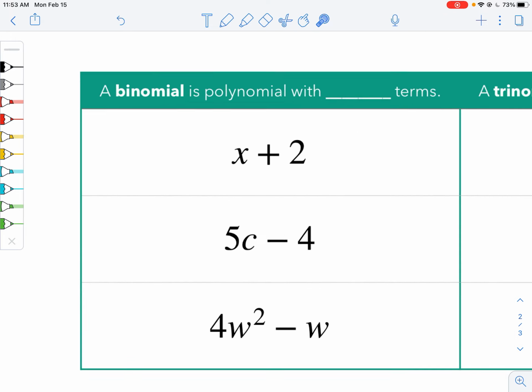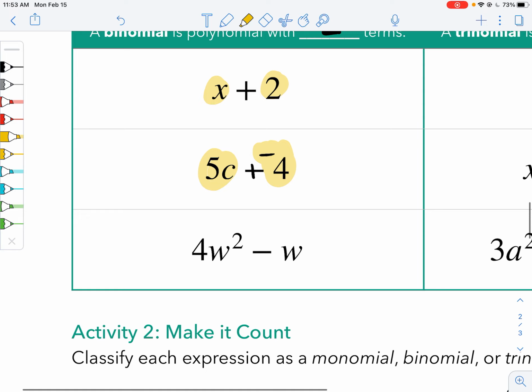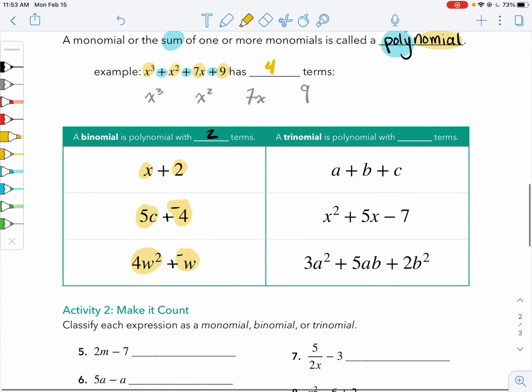Now a binomial, just like bicycle, all binomials will have 2 terms. Here we've got x and 2, 5c and negative 4, and 4w squared and negative w. So split them all with your plus signs.